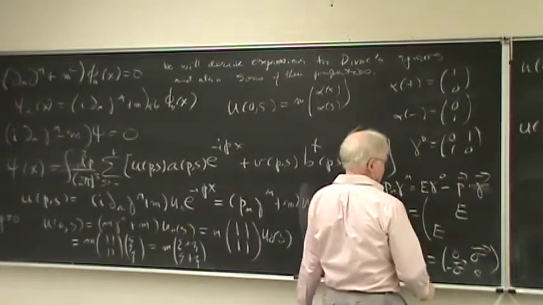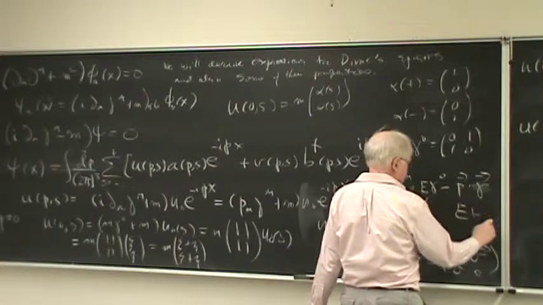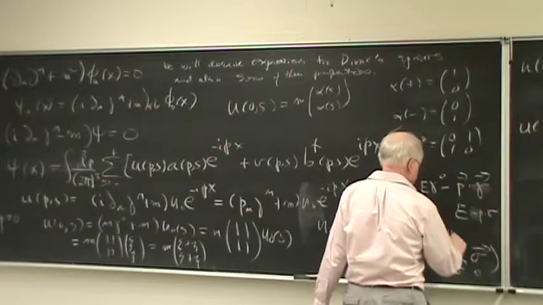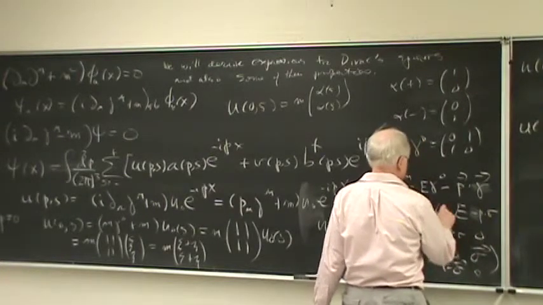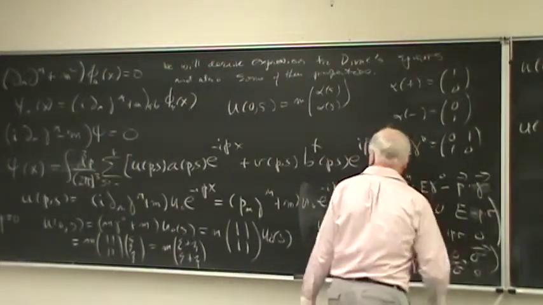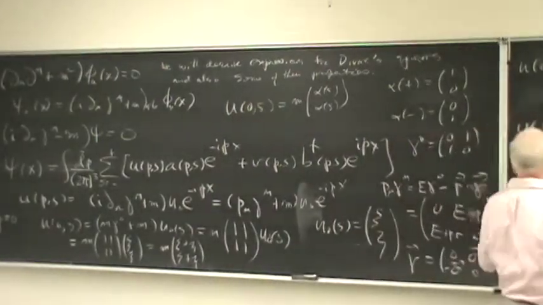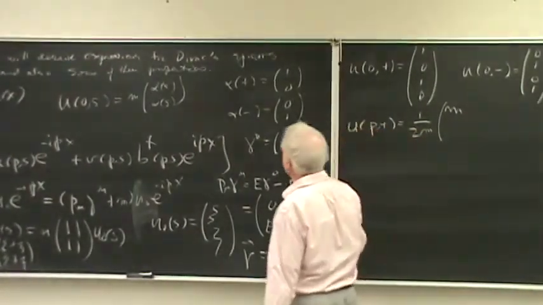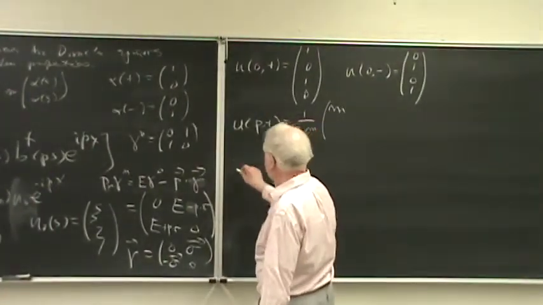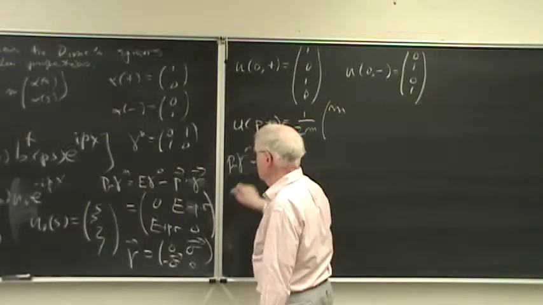And so consequently, what we've got is E minus p dot sigma, E plus p dot sigma, 0, 0. But then we add m. So let me rewrite p_mu gamma^mu.